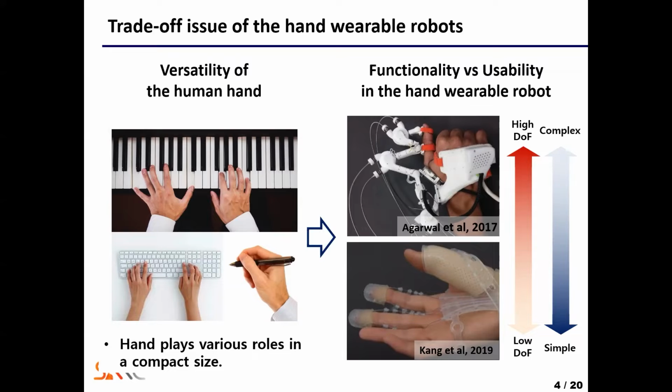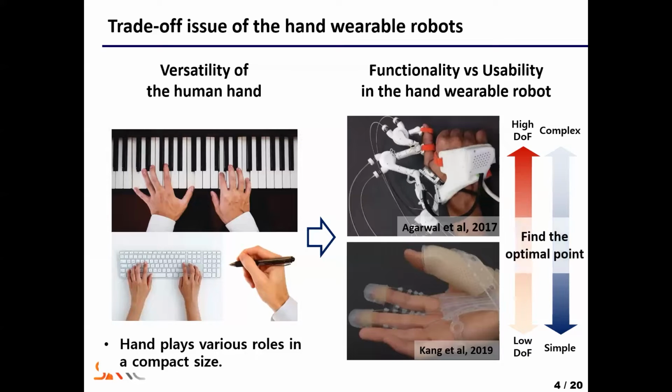For instance, when we design hand wearable robots using many motors, it will increase the robot versatility, but it will also make the robot complex. On the other hand, if we use fewer actuators, then we cannot assist various postures, but the robot can be simple.